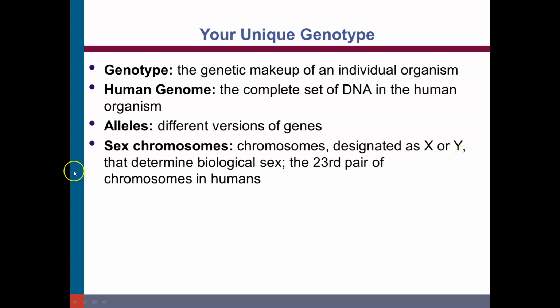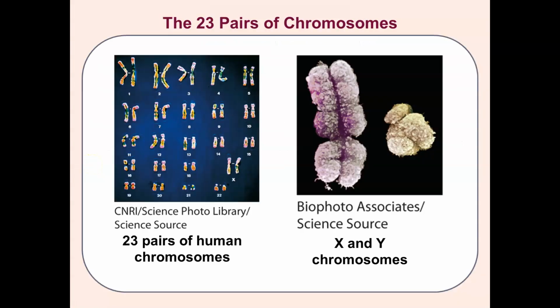We will take a look a little bit more in depth as we proceed here. So here are some images of chromosomes right here. There are 23 pairs of chromosomes in most individuals. Most commonly in human beings, they all have 23 pairs of chromosomes. Here are the 23 pairs right here.